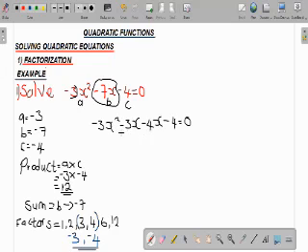So when we say negative 3x minus 4x gives us negative 7x, we have split this negative 7x into 2.